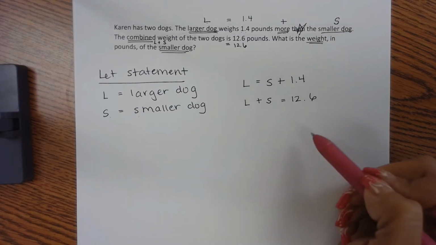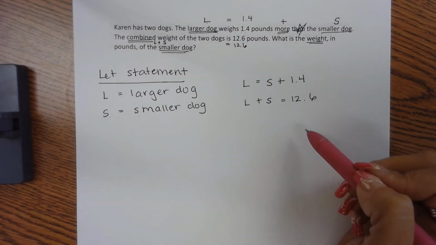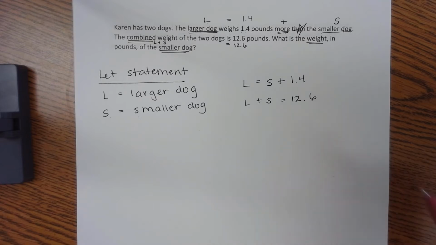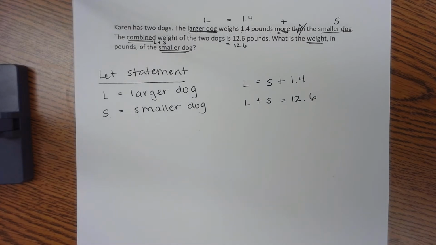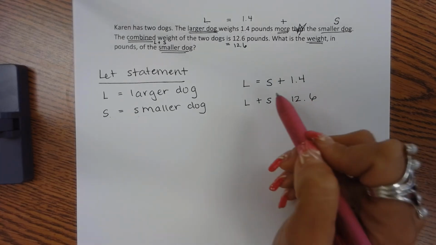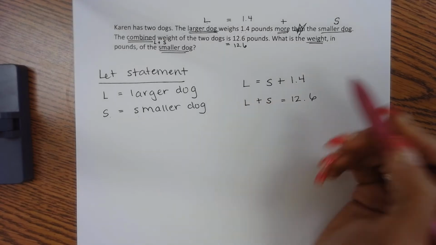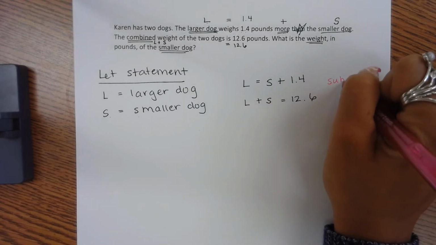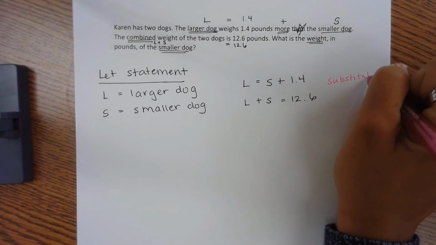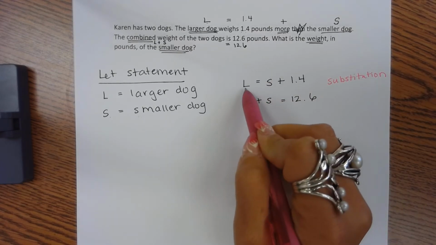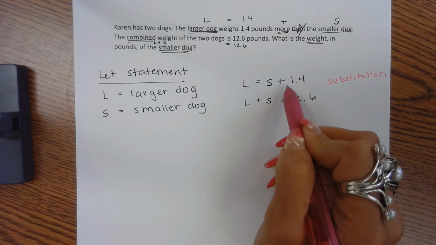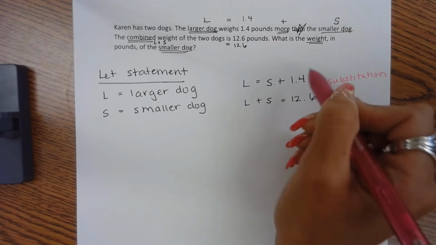So, in order to solve this, I need to take one of the variables and solve for it first. I'm going to use the substitution method. Substitution means that we know that L is S, the smaller dog, plus 1.4.